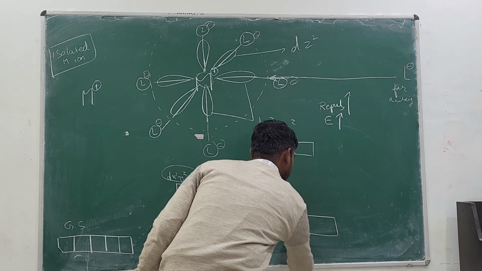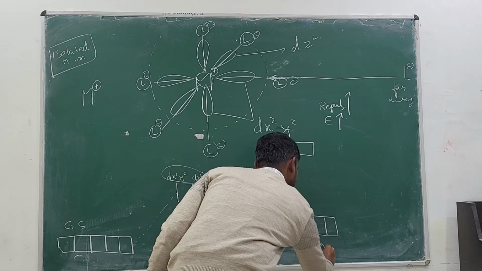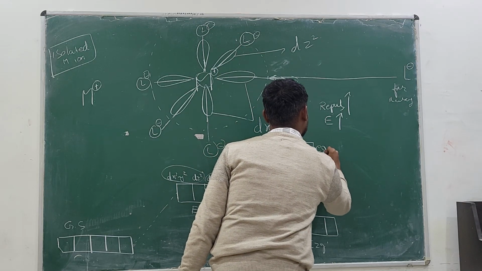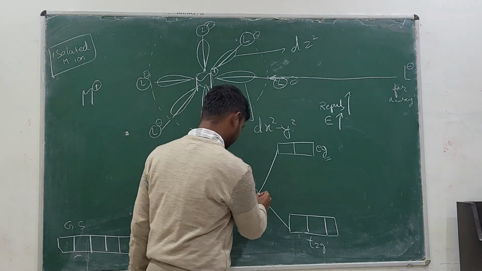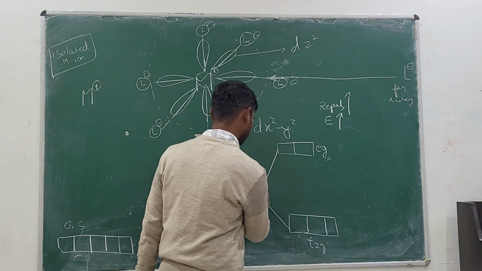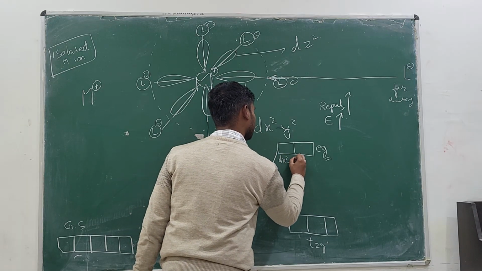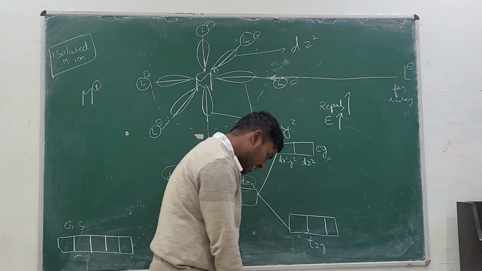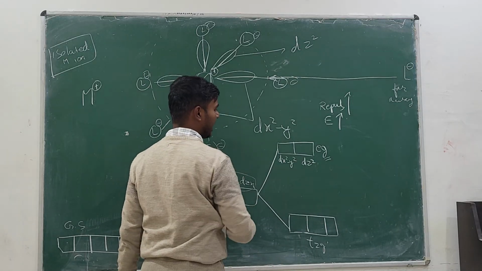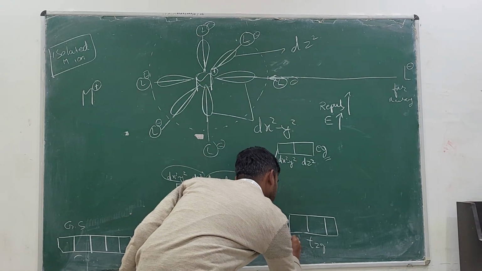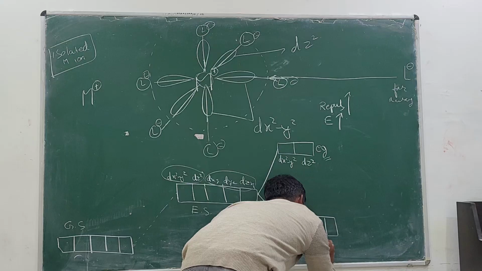So our d orbitals are split into 2 different energy levels called T2g and Eg. The g is for gerade, which is related to the symmetry of these orbitals. This is our dx square minus y square and dz square, which are our axial orbitals whose energy level is increased due to the approaching ligand, and these are our dxy, dyz and dzx.